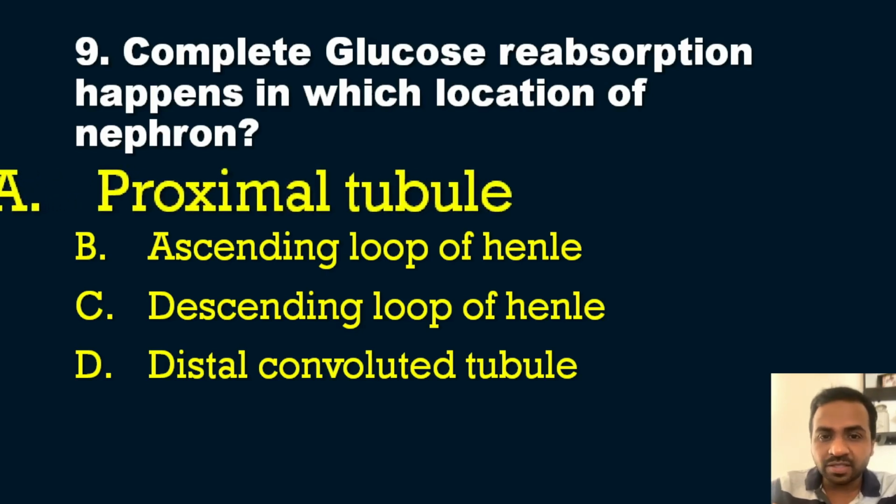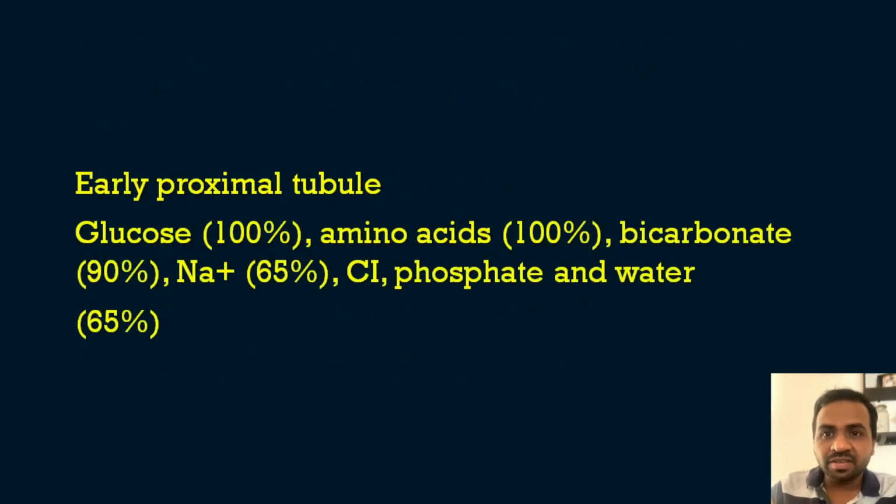At the end of this question you will understand from which areas which nutrients are getting reabsorbed. First we will see the answer for this question, the early proximal tubule. In the early proximal tubule, 100% of glucose will be absorbed, then 100% of amino acids will be reabsorbed, then 90% of bicarbonate, 65% of sodium, then chloride, phosphate, and 65% of water.